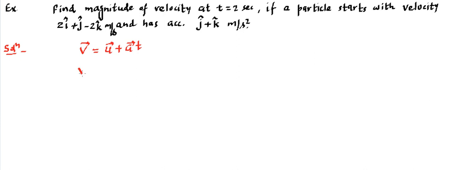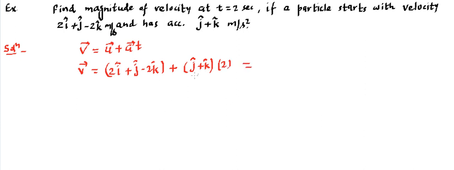So for that sake, we will say v vector is equal to, we will be writing this u as such, that means in the form of vector 2i cap plus j cap minus 2k cap, and then plus a, which is j cap plus k cap, into t, which is 2. So this will become 2j cap plus 2k cap, this term, and then you can add them together.